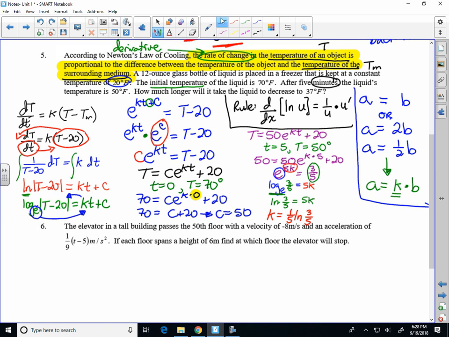All right, so again, we were working off of this equation, this one right here. And all of that was just to figure out what k was. So let me do this. I'm going to write my new equation. We're going to say T is equal to 50 e to the k, all that stuff, 1/5 ln 3/5.